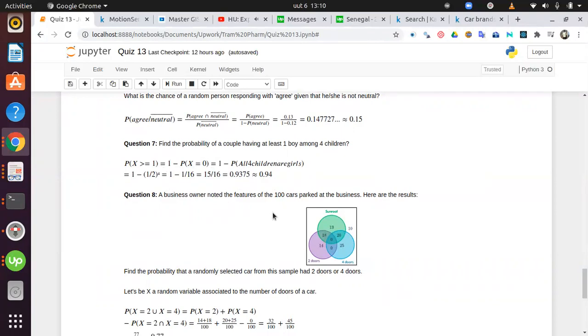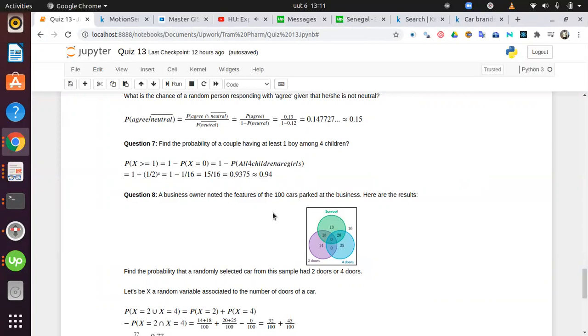Hang on, I'm a little bit confused. So for the probability of a couple having at least one boy amongst 4 children, P(X at least 1) is 1 minus P(X equals 0). So that means 1 minus the probability of having no children?